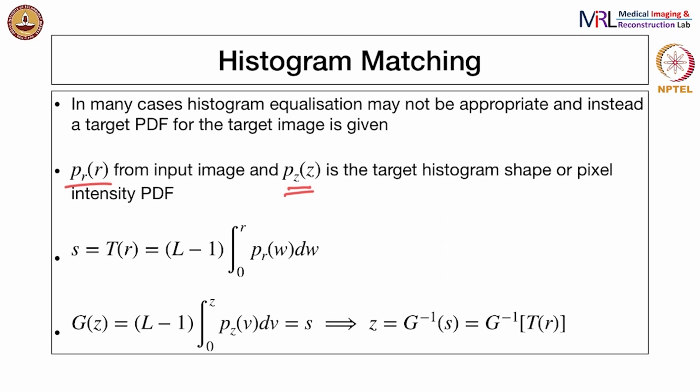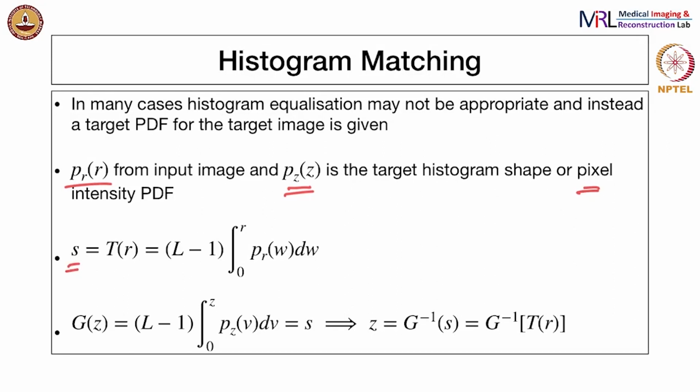I've used the term histogram distribution, which might not be commonly used, but for the sake of understanding we use it. Pixel intensity PDF is another terminology. P subscript Z of Z is given, and P subscript R of R can be estimated from the input image. Now what we can do is the transformation which we have seen.